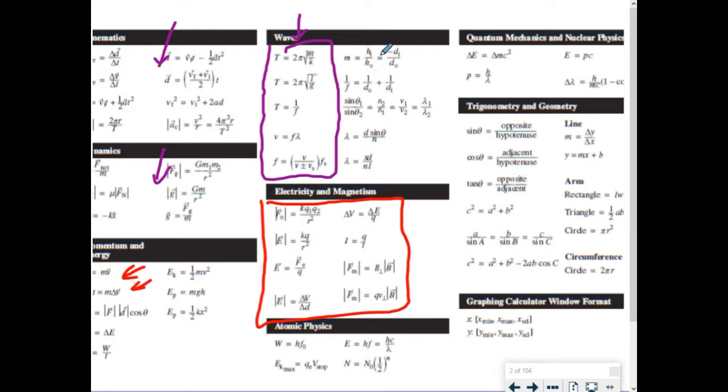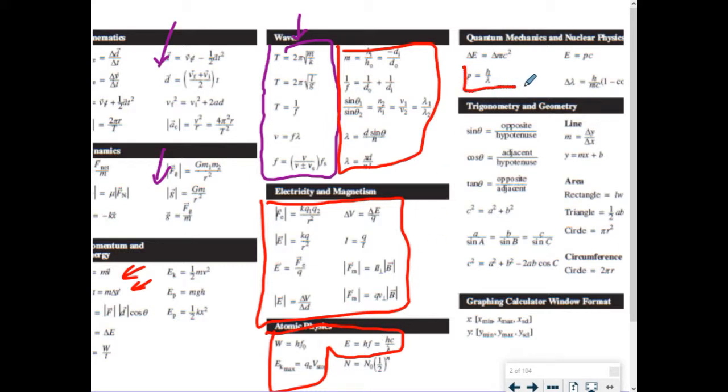The more recent formulas that we've learned, all of these ones right here, are to do with waves. When we talked about refraction and diffraction, interference, these formulas were what we learned in the more recent unit, like the energy of photons.